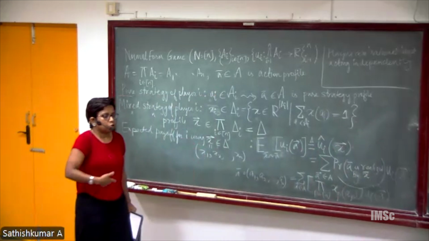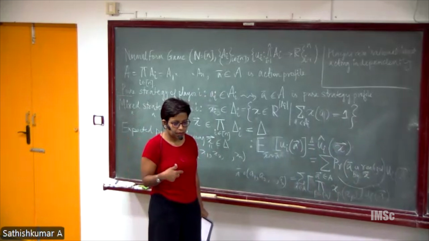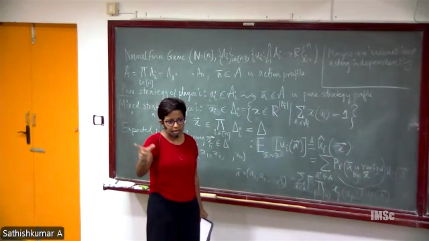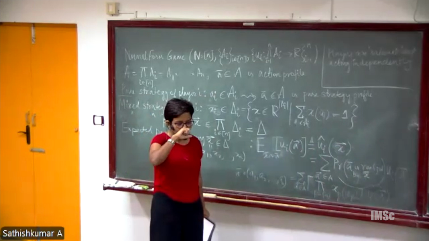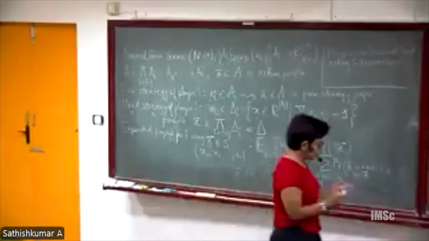So to generate what the expected payoff should be when a mixed strategy is played, the entire sample space splits over each possible realizable profile, right? And once you have that mental picture of the probability space, then you can simply apply the definition of expectation.